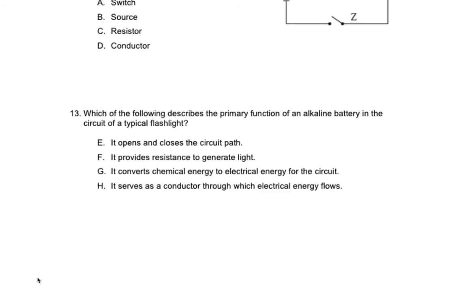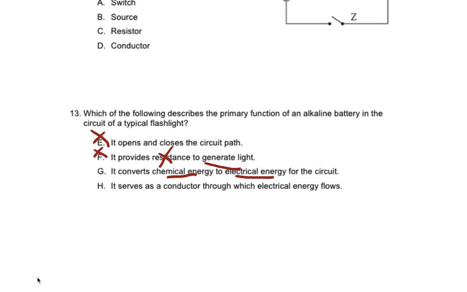Okay, let's eliminate some answers. Does a battery open and close a circuit path? No, that's what a switch does. That's not the purpose of a battery. Does it provide resistance to generate light? It does generate the light, but it does not provide resistance. So no, not F. Does it convert chemical energy to electrical energy for the circuit? That sounds like a good choice.